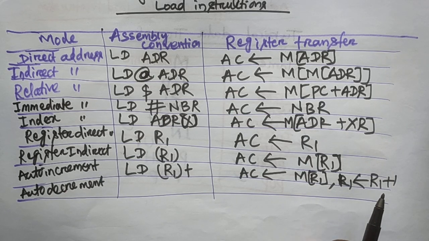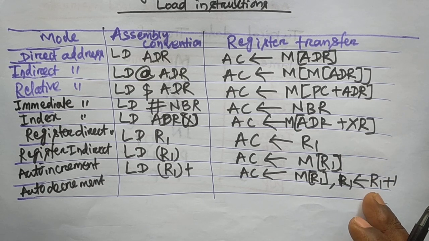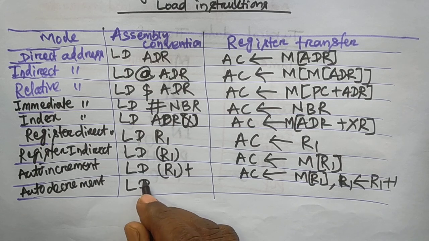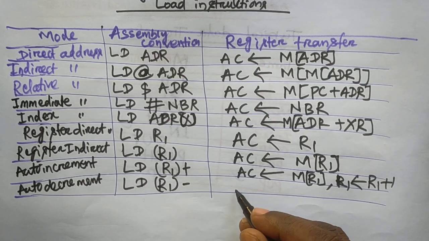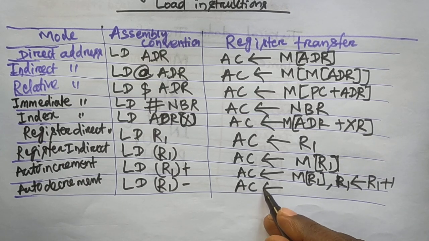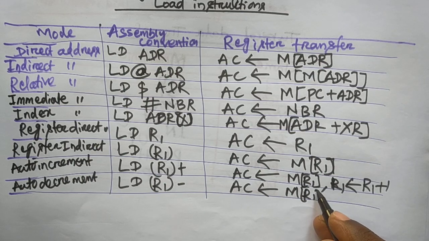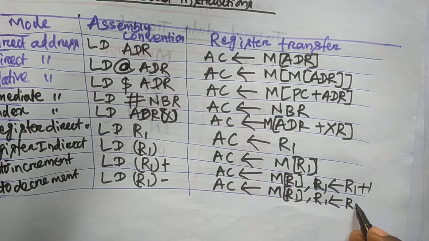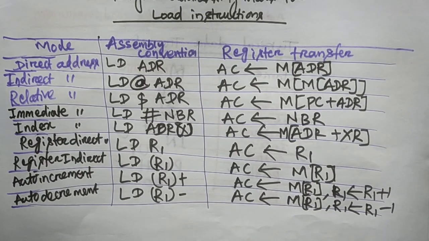The incremented data is transferred to the accumulator. Similarly, auto decrement means R1 minus. Here R1 becomes R1 minus 1. In this way we transfer the data through the load instruction.